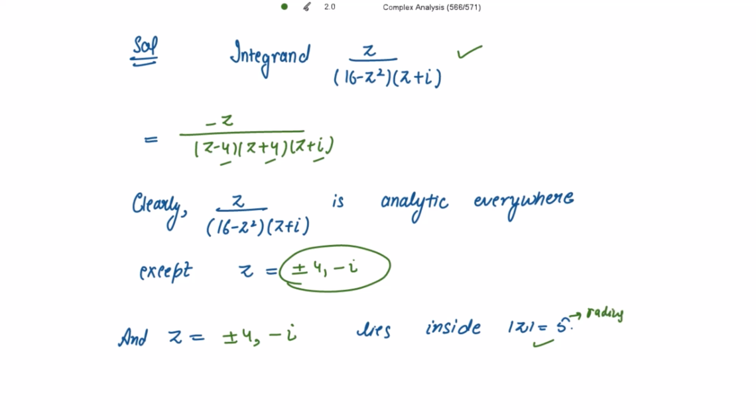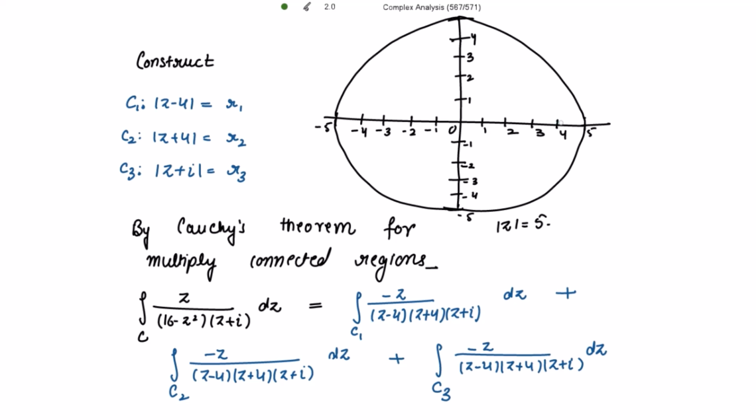And now we have to construct these circles, and let's plot these points. So ±4: this is 4, this is −4 and this is −i. Minus 1 on the y-axis represents −i. What is −i? We can write this as 0 − 1. So if this is your x-axis, this is your y-axis, we have all these points now.